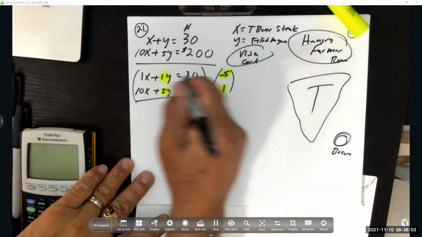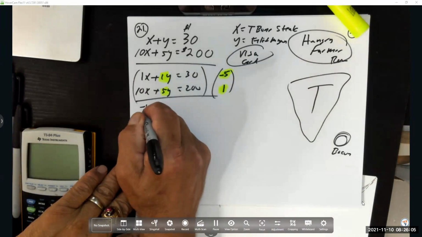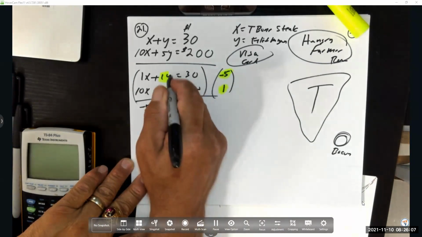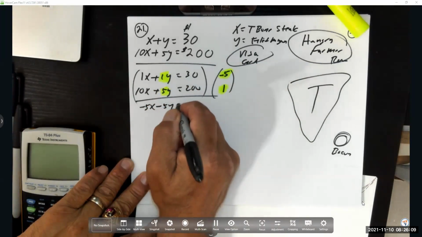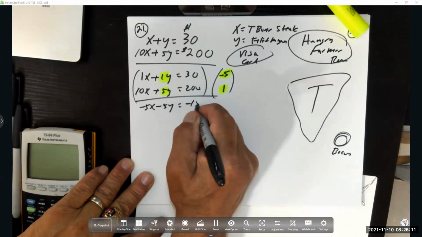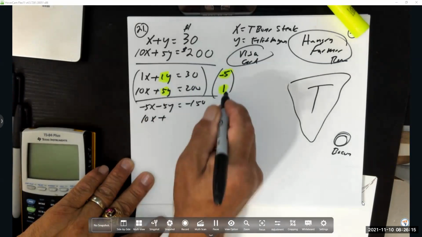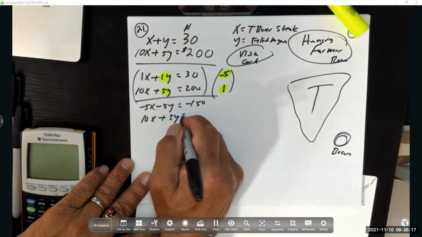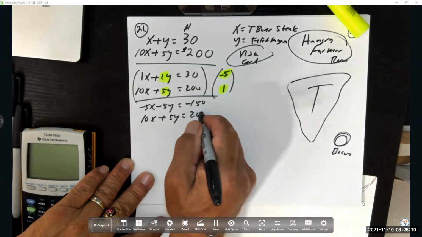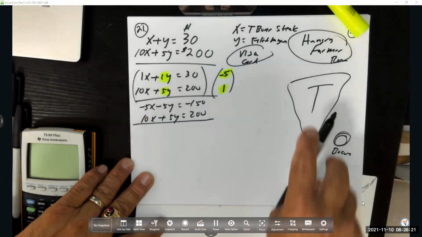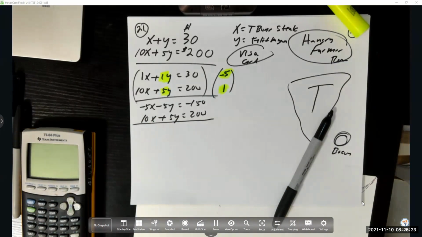So -5 times this is -5x. -5 times that, -5y. And this times this is -150. 1 times that, 10x, plus 1 times that, 5y. 1 times that, 200. Is that okay with the multiplication numbers?